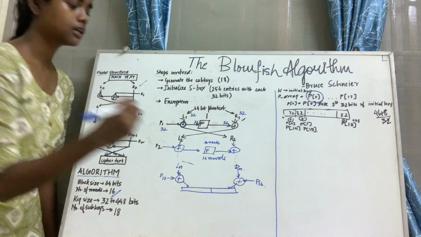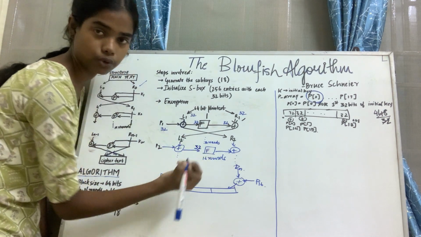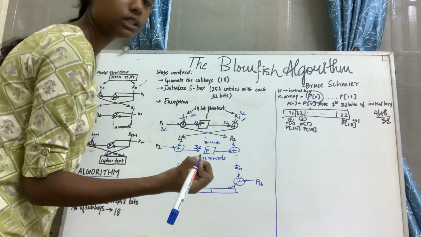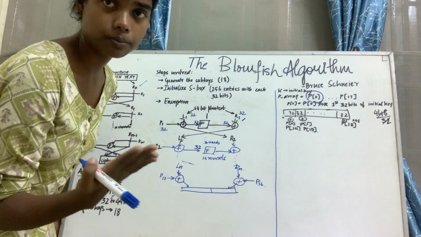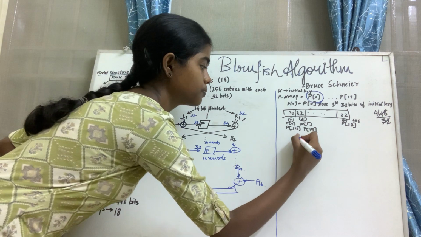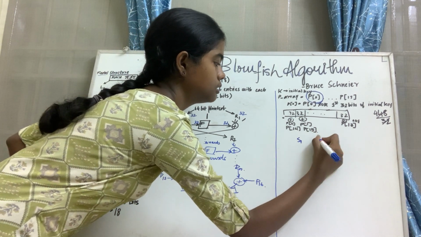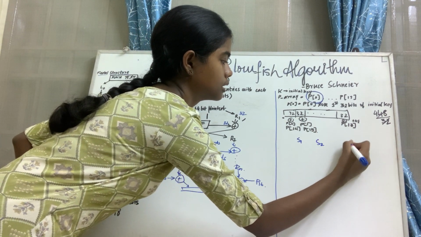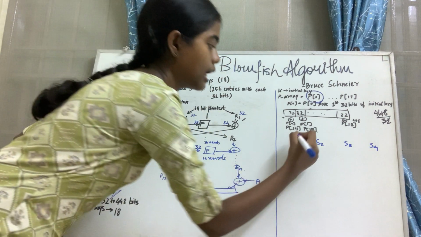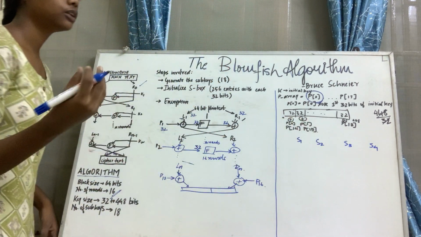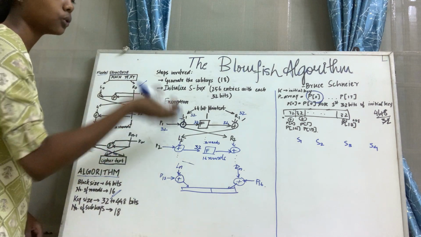This function f will have a 32-bit input, right? We have 4 substitution boxes for the Blowfish algorithm, let's say S1, S2, S3 and S4, and we get a 32-bit input to this whole function.